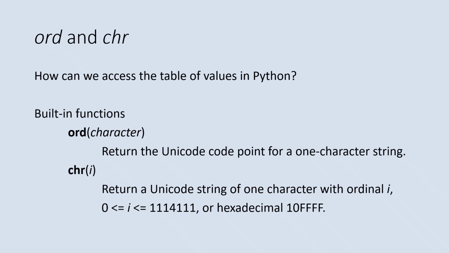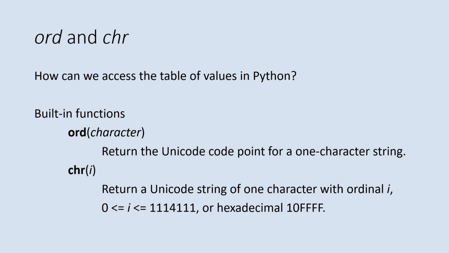Now the value for I is between 0 and 1,114,111, which is the hexadecimal value 10FFFF. The idea is that one more than that is the range that we're looking at, 0 to 1 more than this.